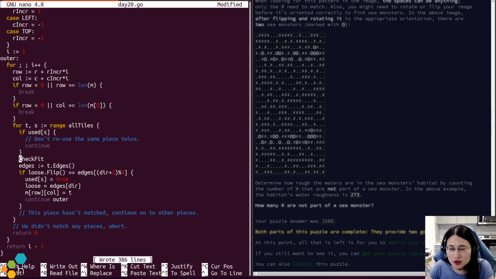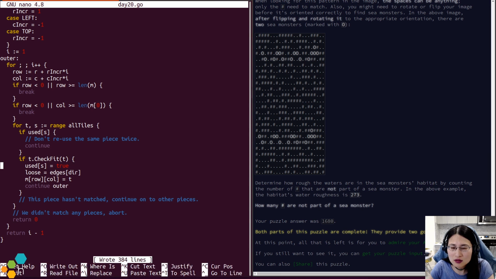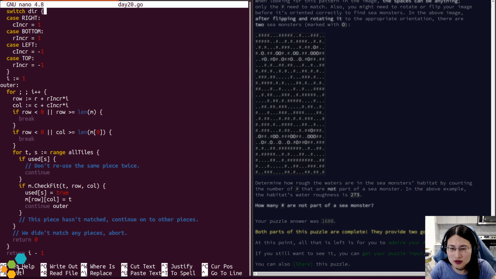Okay. All right, that should do it. Mosaic check fit T in the position row and col. Yep, that works.